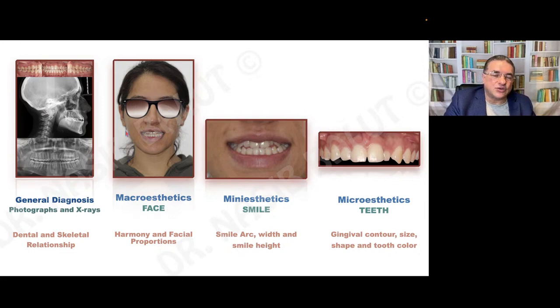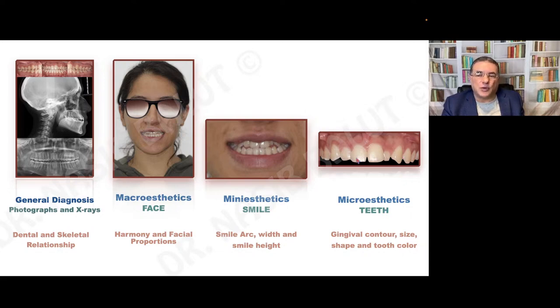It has to do a lot with bracket positioning, and also it is going to help me with the torque and the mechanics that I'm going to be using. Same thing, I will do it with the photo for the mini aesthetic and also for the micro aesthetic.